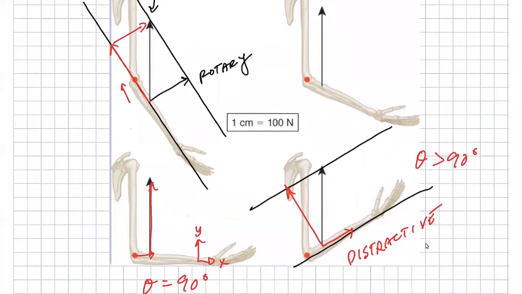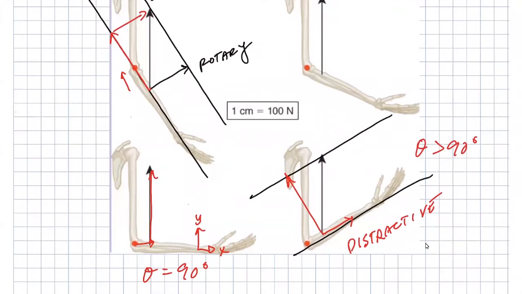So the take-home message in this demonstration is that the angle of elbow flexion, or the angle of the joint, will ultimately determine the components, because of trig, of the force vector of the muscle in either rotating the joint, as well as the compression and distraction load on that joint itself.